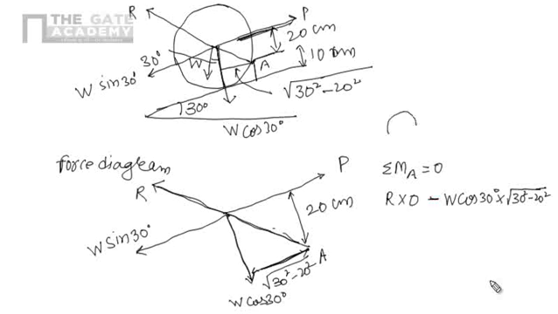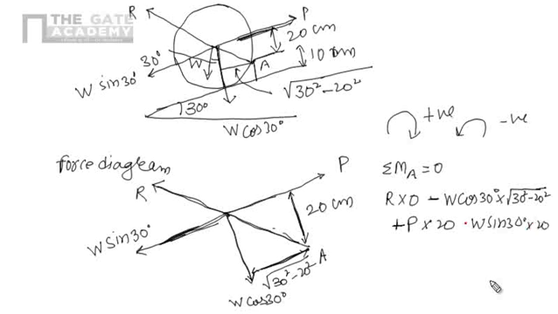Our sign convention is clockwise positive, anti-clockwise negative. Similarly, due to P, the perpendicular distance is 20, so P into 20, in clockwise direction, so positive. Due to W sin 30, the perpendicular distance is again 20, but anti-clockwise, so it is negative, equals to 0.